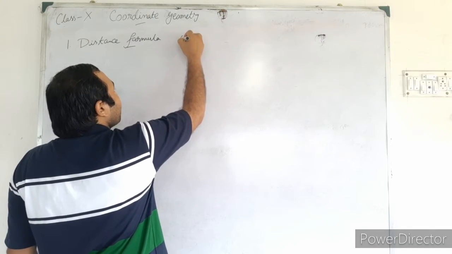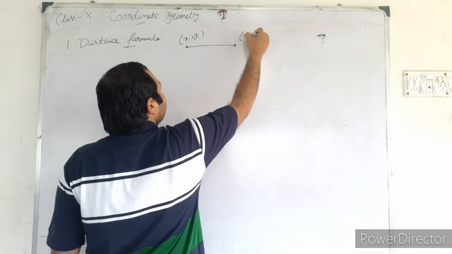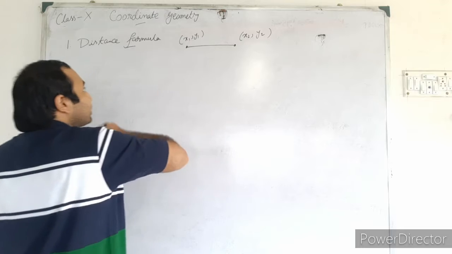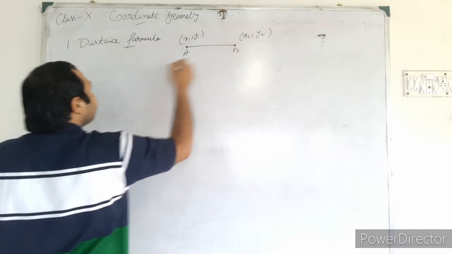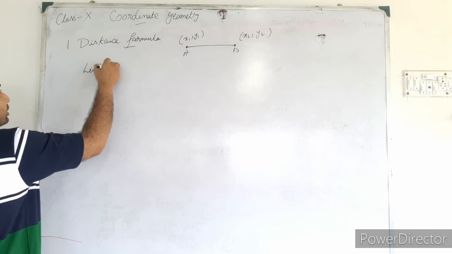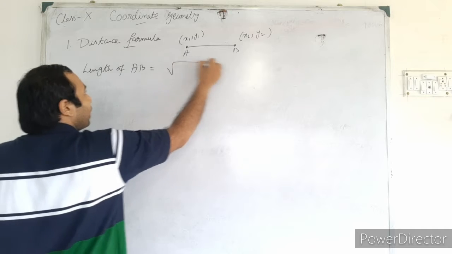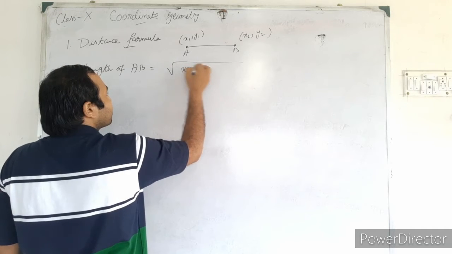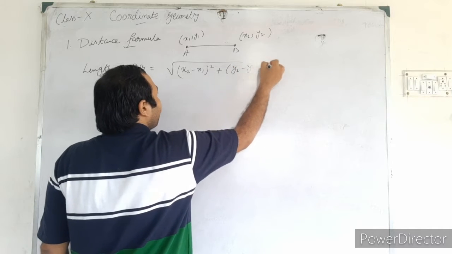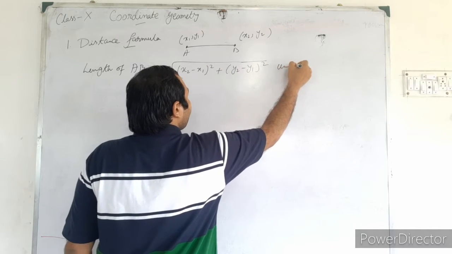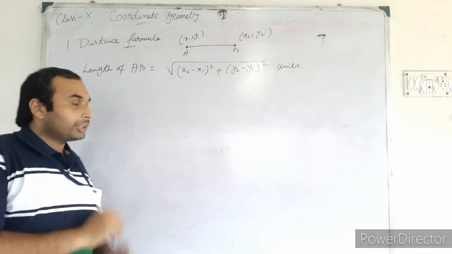If (x1, y1) and (x2, y2) are those two points A and B, then the length of AB is root over (x2 minus x1) whole square plus (y2 minus y1) whole square units. This is the distance formula.